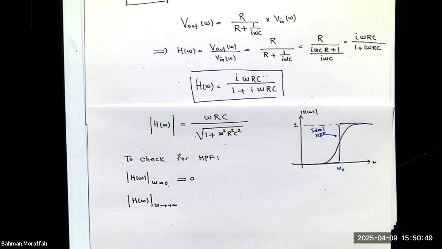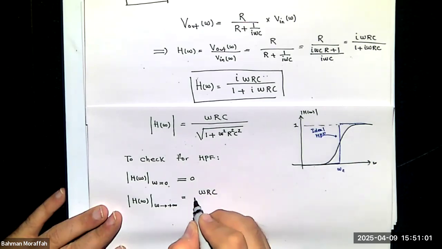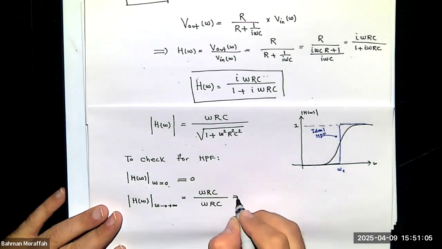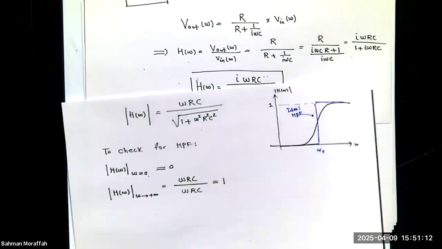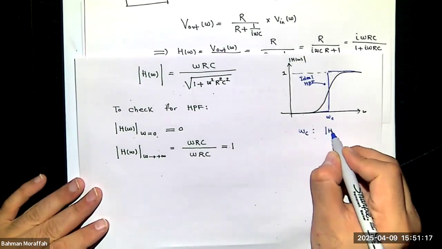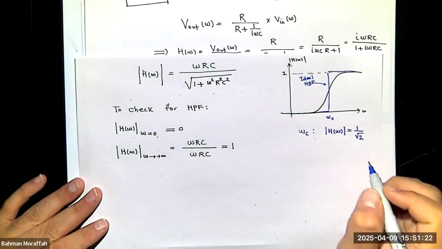So I have omega RC and omega RC, so it approaches 1. Again, to find this omega C, we're going to have to find the frequency where the absolute value of H of omega is 1 over square root of 2.